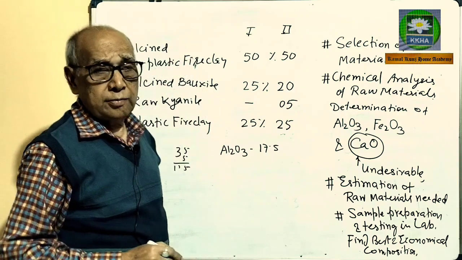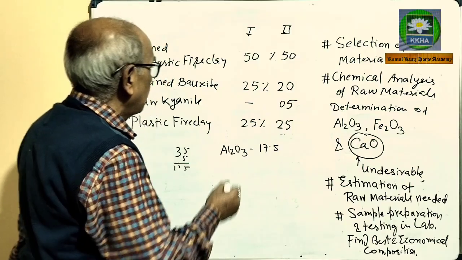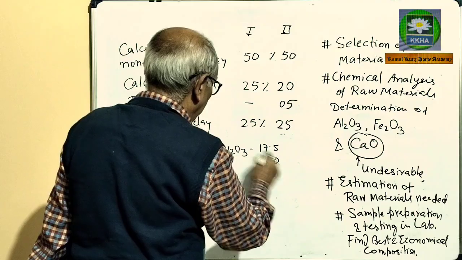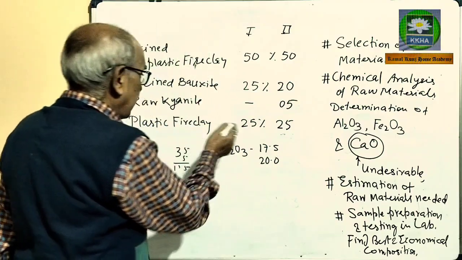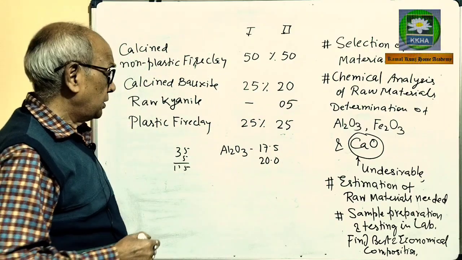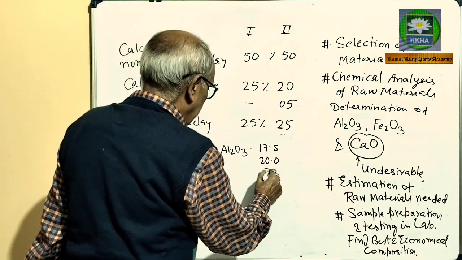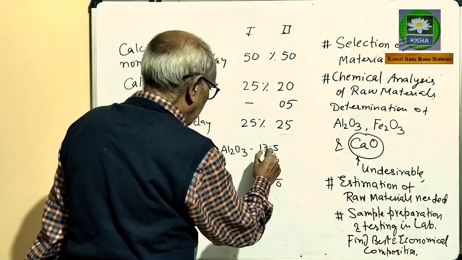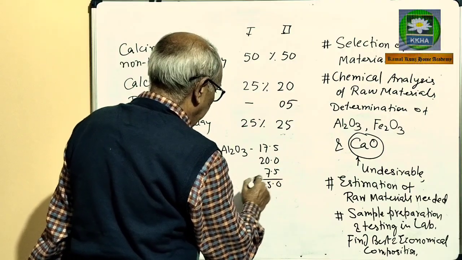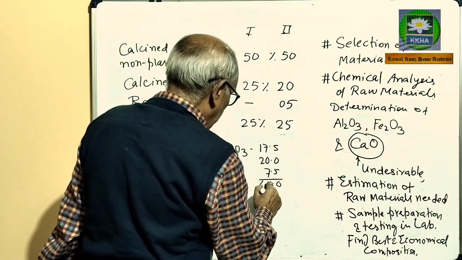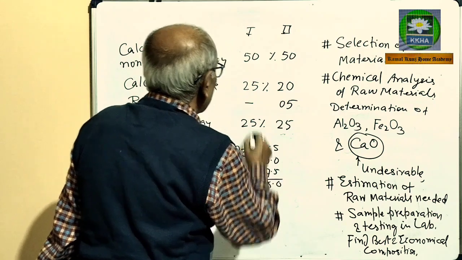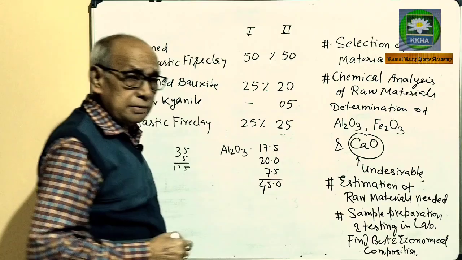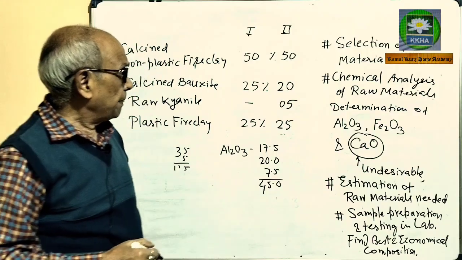In calcined bauxite, alumina is generally 80%, so here 25 will become 20. Plastic clay alumina is around 30%, so it becomes 7.5. So alumina becomes 45% in the first composition. We need a minimum of 40%, so it is okay.